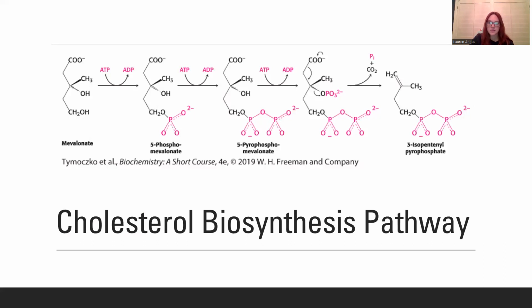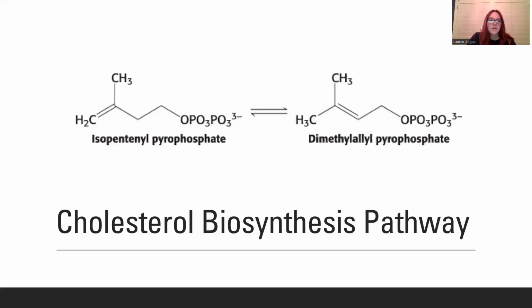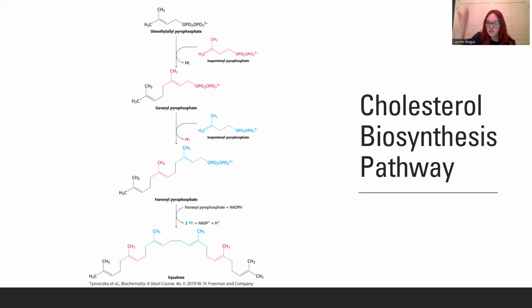Mevalonate will eventually turn into your isopentenyl pyrophosphate and go through these intermediates, as well as using ATP to make that happen. Then your isopentenyl pyrophosphate will turn into your dimethylallyl pyrophosphate, which is used as a precursor to this process here, which will turn into squalene using these intermediates.